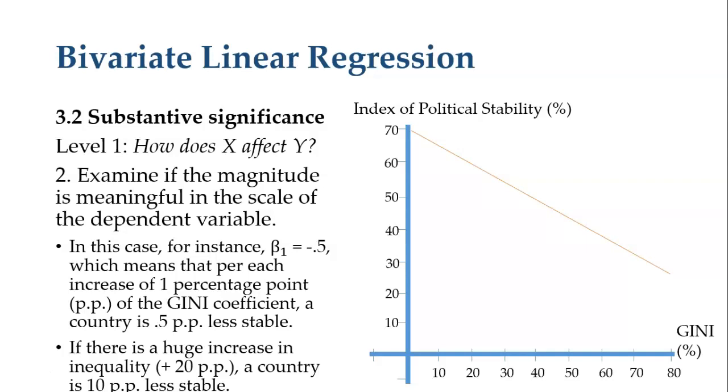So in other words, we can say that if a country becomes very unequal very suddenly or very quickly, maybe there's going to be an outbreak of war or violence or these kinds of things, right? That's what we are saying here. But notice that we had to find, I'm sorry, a value that is meaningful in the scale of the index of political stability.